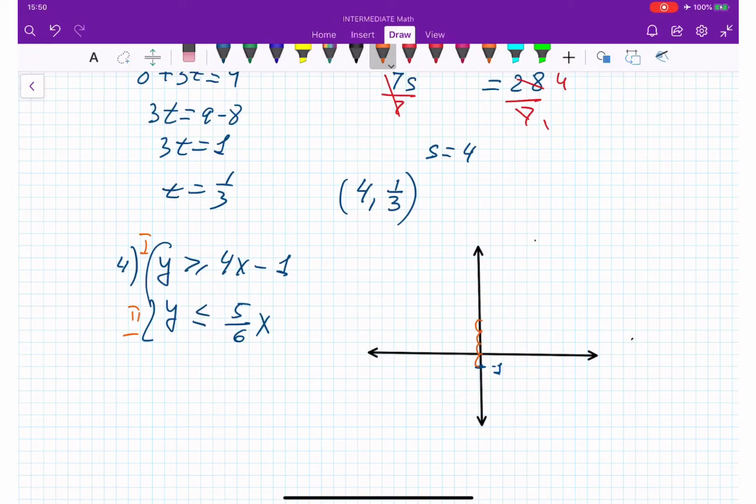So it should be negative 1 plus 4. It's going to be 3. And indeed, here it's 3. And 1 positive, I'm moving in the horizontal direction. This is the second one. So first is your intercept, and second is this one. So the graph is going to look like this.